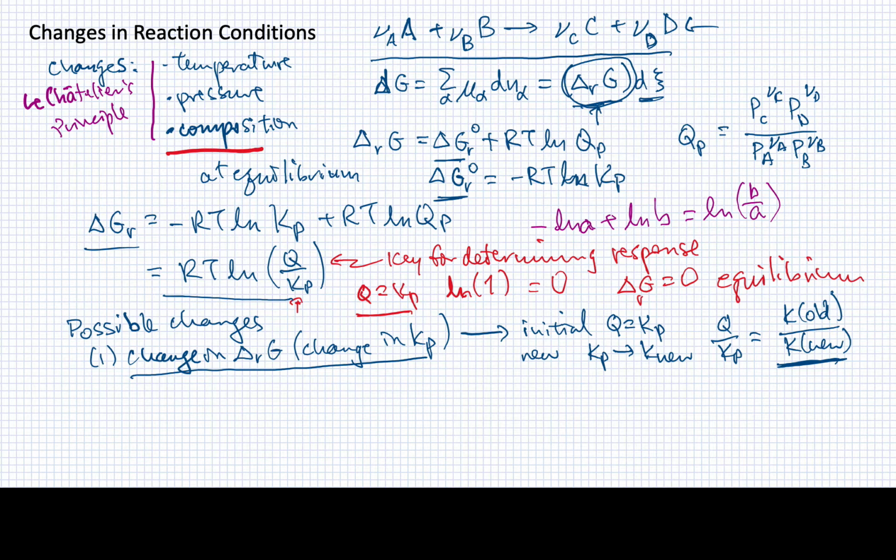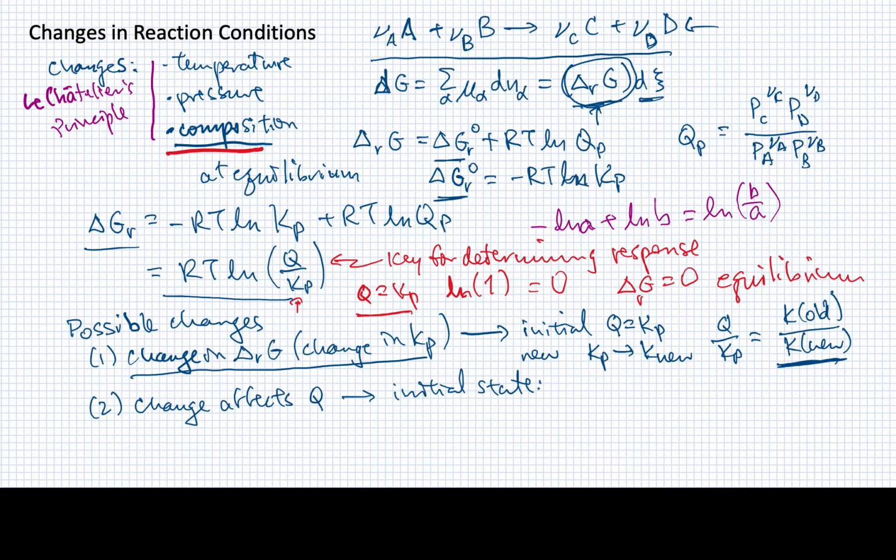All right, there's another place though that I could focus my attention, and that is if I have a change that affects Q directly. And I'll just say, for the sake of argument, changing the composition is going to change Q directly. So if the change affects Q, then my initial state is no longer going to be Q is equal to Kp.